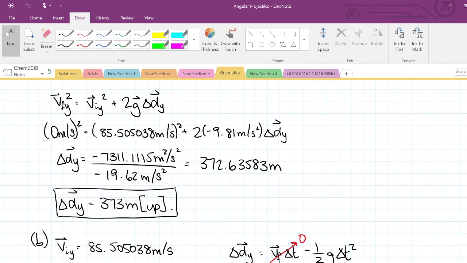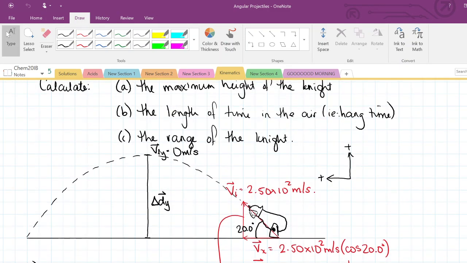If we look at our diagram, we'll note that the knight is starting here at ground level, leaving, and when the knight eventually falls back to the ground, the knight's going to land at the exact same point that it took off.